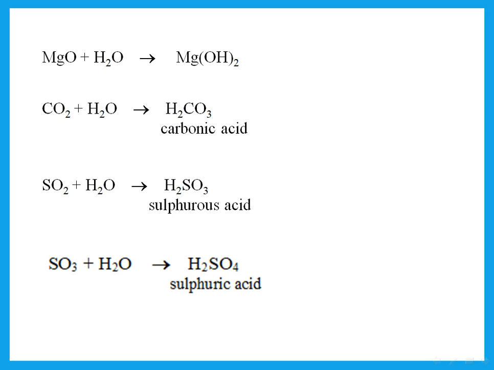If I dissolve it in water, please notice sulfur dioxide in water will give an acid called sulfurous acid, H2SO3. While sulfur trioxide, SO3, if I dissolve it in water, it gives an acid called sulfuric acid, H2SO4.